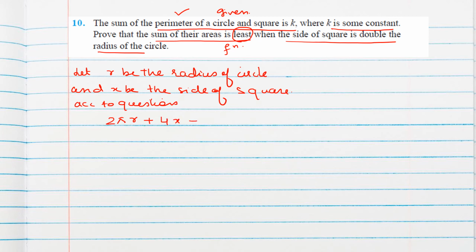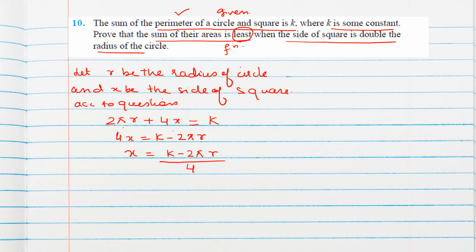This is given as K. So this is in r and x form. We'll try to retrieve one variable from this. So we can write 4x as K minus 2 pi r. So x we can write in the form of r, as K minus 2 pi r by 4.